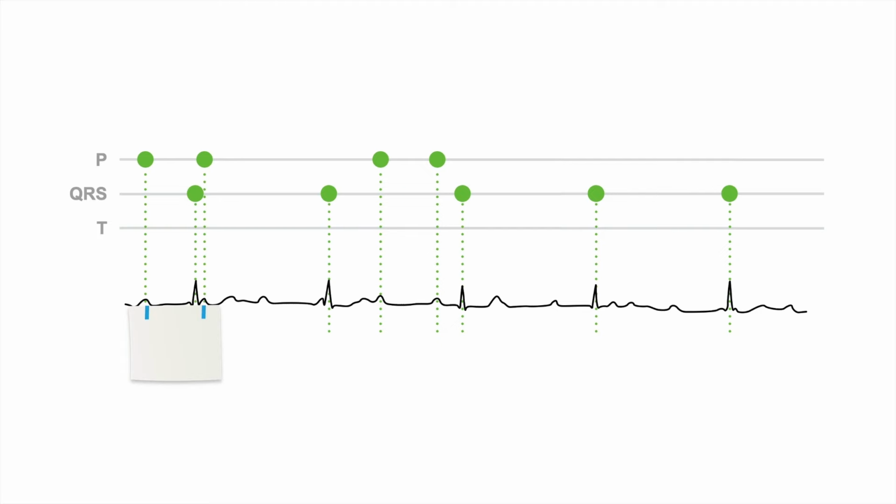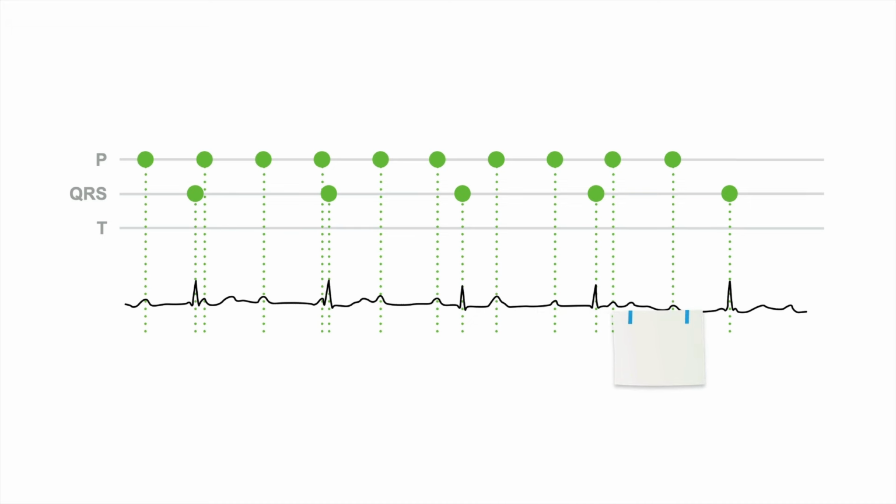So this has to be a P wave. Let's move along the paper. So the next P wave must be located here. Next P wave here, here, here, here, here, and here. All in all, we have 12 P waves and only 5 QRS complexes.